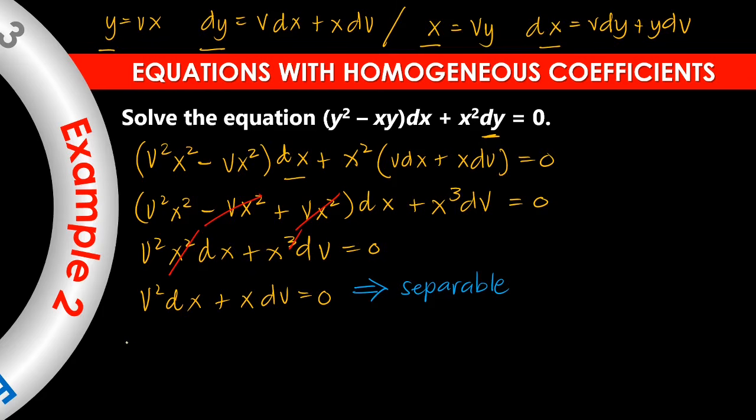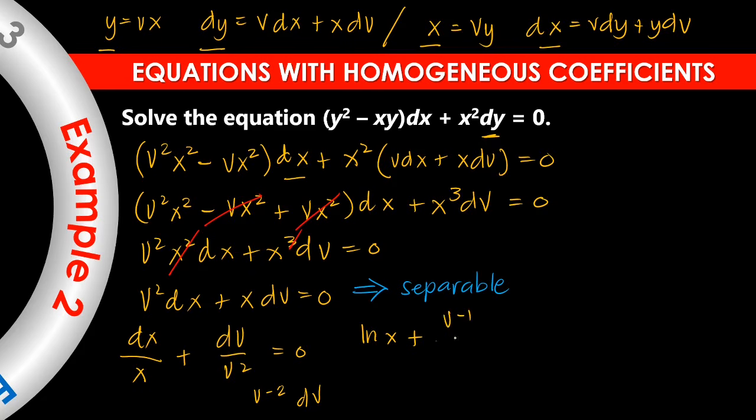Separating the variables, we get dx over x plus dv over v squared equals 0. The next step is to integrate both sides, and here we get ln of x plus, since the second term can be written as v to the negative 2 dv, its integral is v to the negative 1 over negative 1.